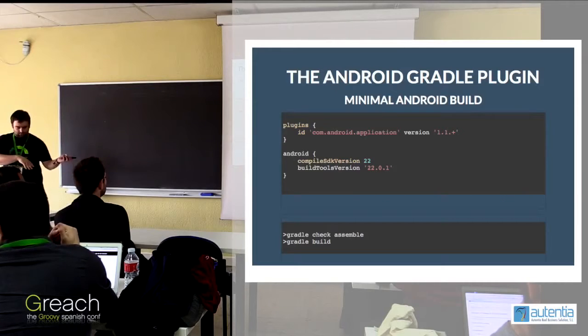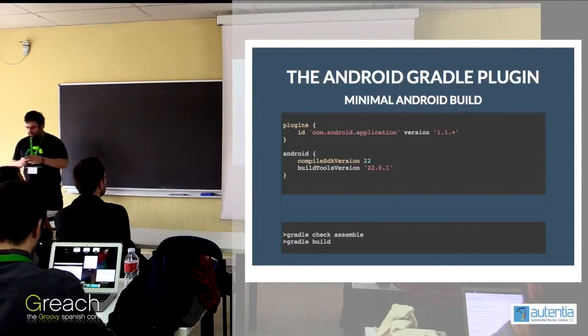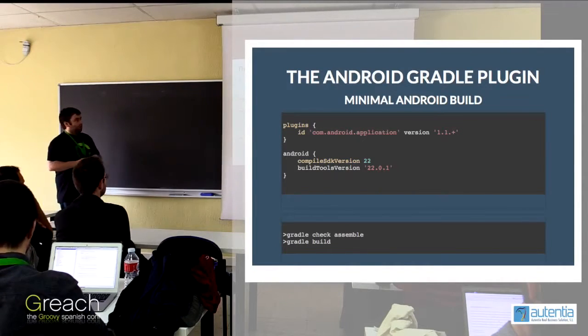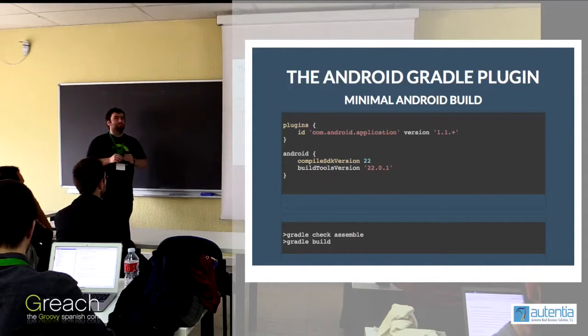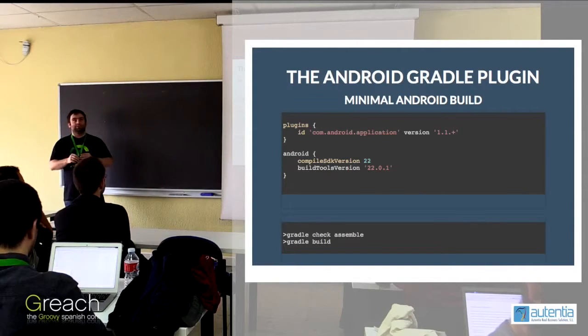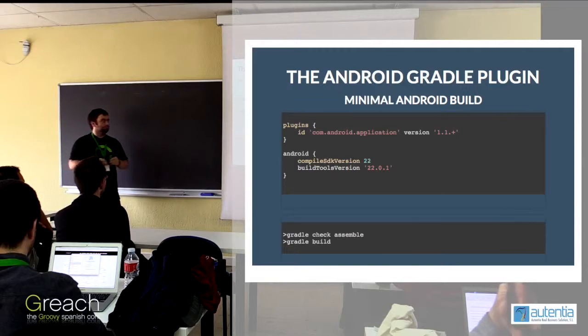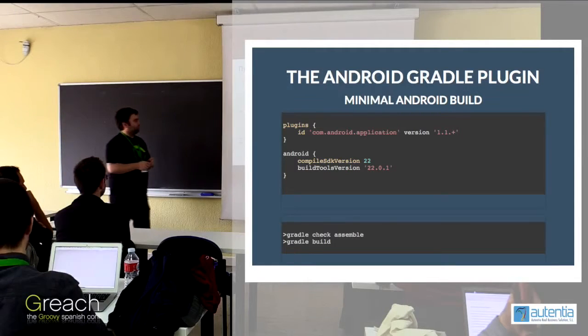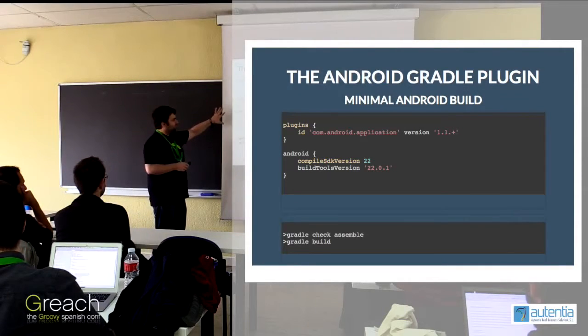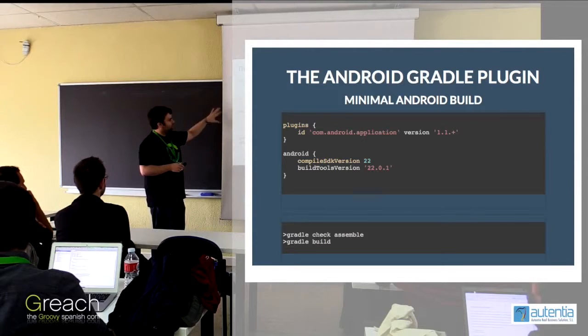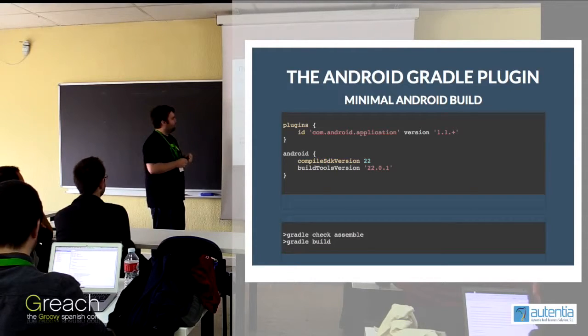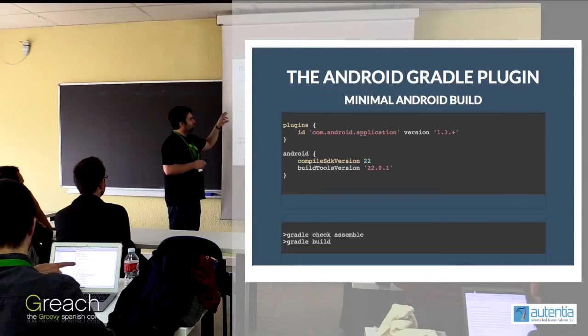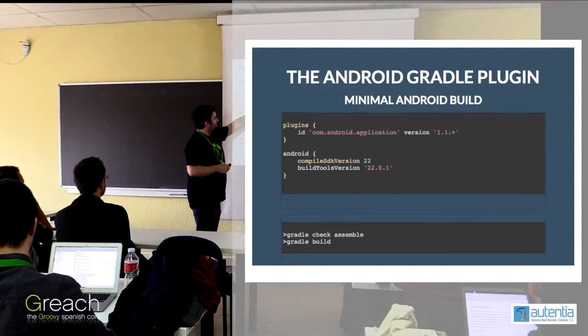So that was plain Gradle. Now we enter the Android world. The Android build system is basically a plugin for Gradle. That's more or less the simplest or the shortest build script you can have for your plugin. You declare a dependency on the plugin. You say that's a third-party plugin.